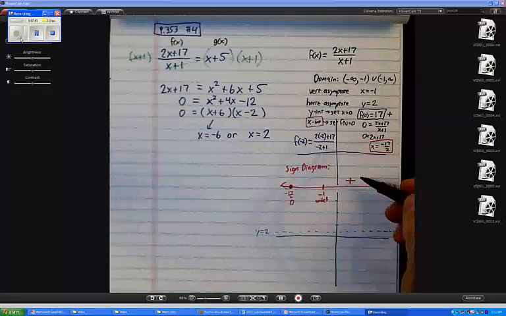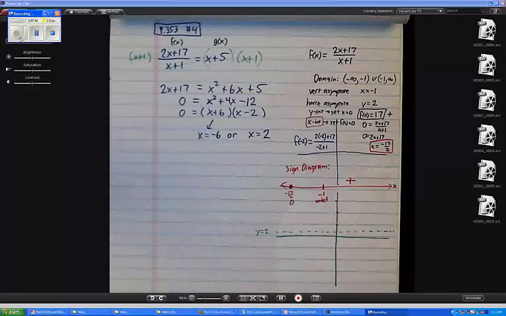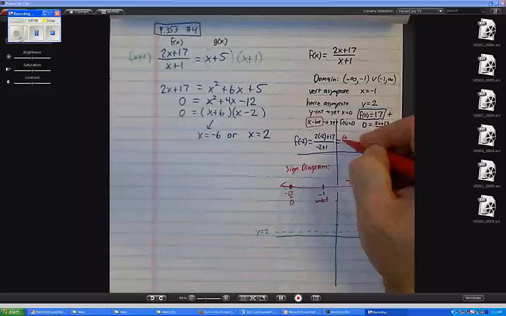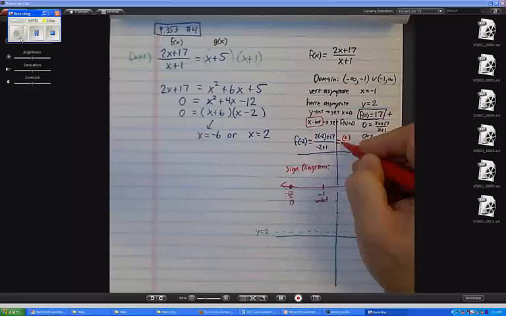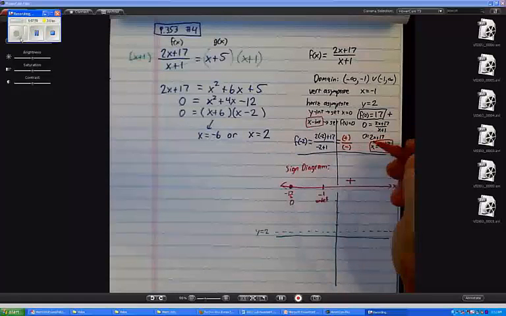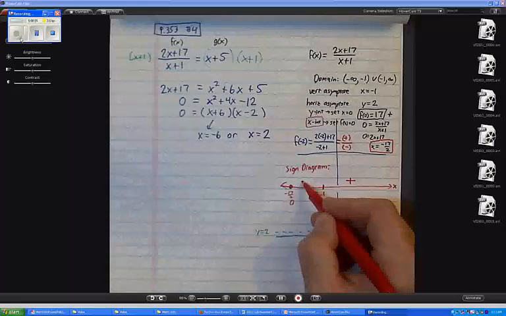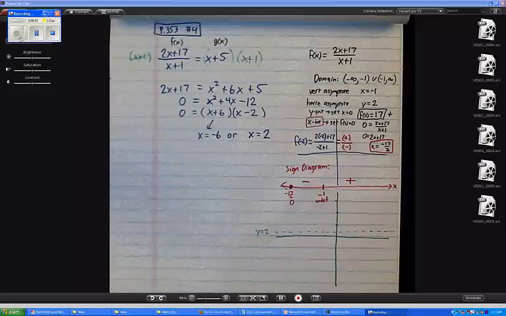And I told you I don't care what it equals. All I care is the sign. The sign of the numerator is positive. The sign of the denominator is what? Negative. And so I would claim that anything in here is going to be negative. Do you guys follow that?